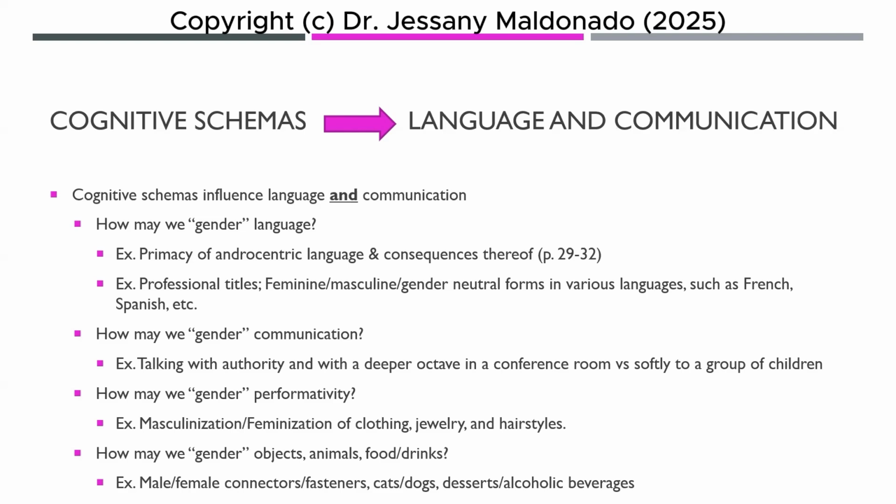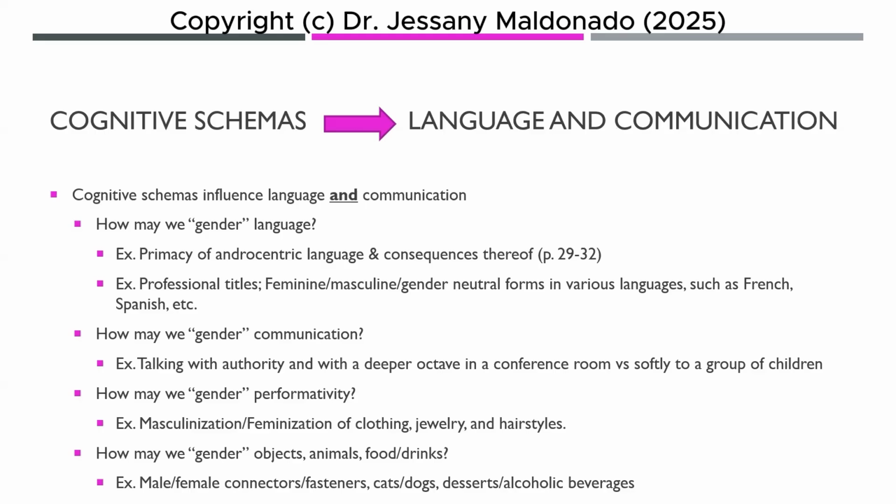So we gender communication when speaking to different types of groups of people. You may talk with authority or with a deeper voice in a conference room or a business setting, or you may speak with a higher octave or a softer voice to a group of children. Why the difference? Because the business setting is often socially constructed as a masculine setting.